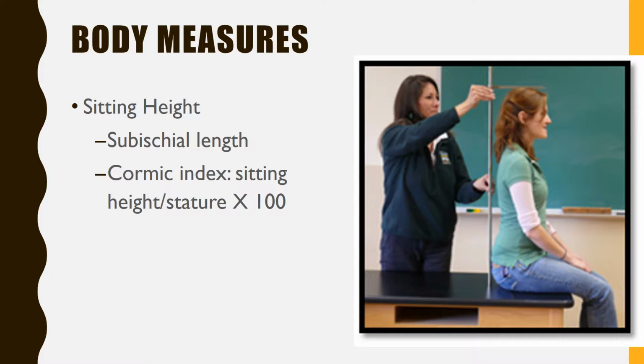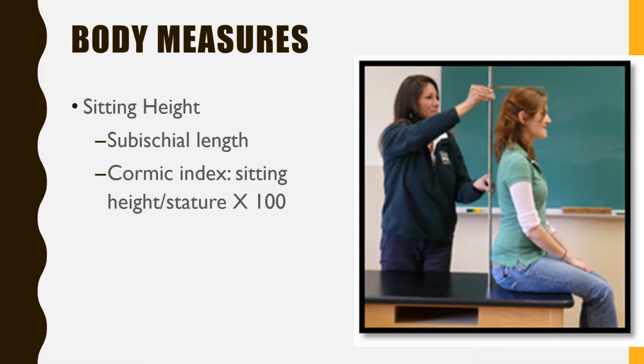So a Cormic index of 50% or higher is indicating that the individual has a really long torso, while a value that's less than 50% is indicating that the individual has really long legs.